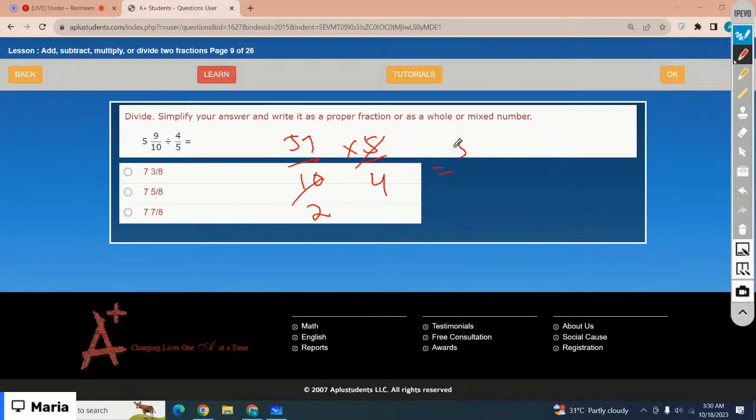So that would be 59 over 8. When you divide, 8 times 7 is 56. So the correct option is 7 whole 3 over 8, right? Option number 1 is the correct option.